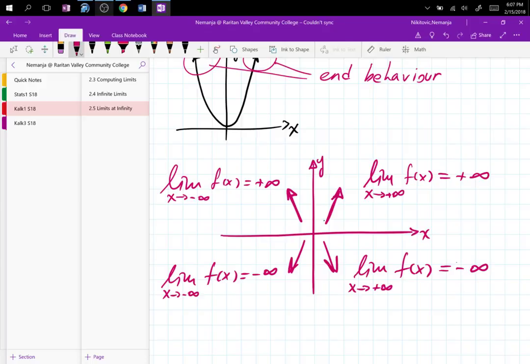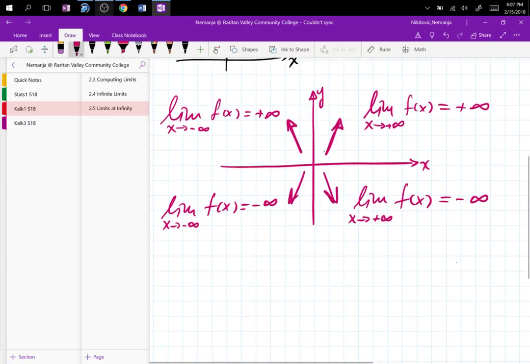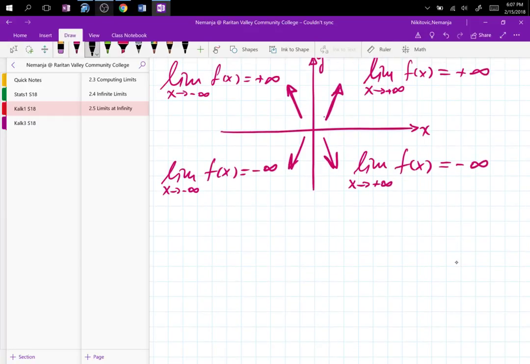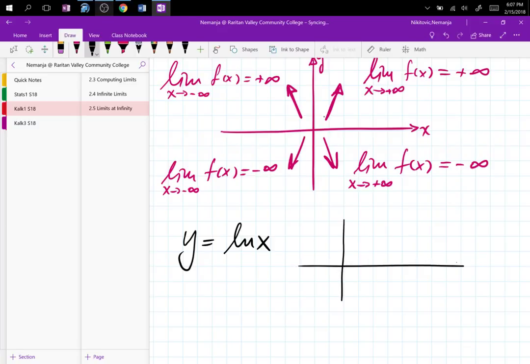Now they can mix with vertical asymptotes, and they can mix with horizontal asymptotes and so on. An example of a mixture would be the function y equals ln x. This is the ln x graph, and you know that ln x has a vertical asymptote.